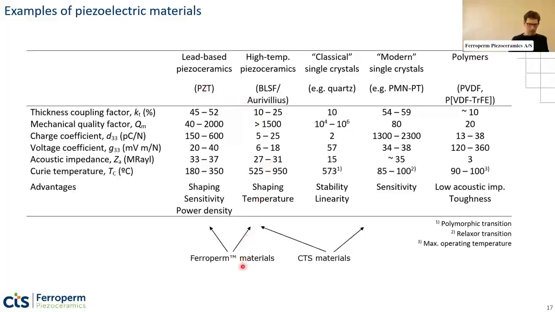I should also mention, since we are now a part of CTS, that CTS materials are generally also coming from the PCT category, and then also some single crystals like these that I call modern single crystals with extremely high coefficients like here.